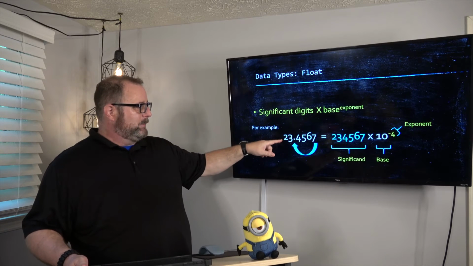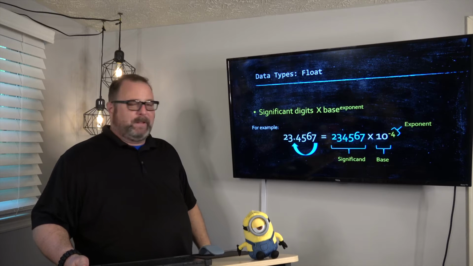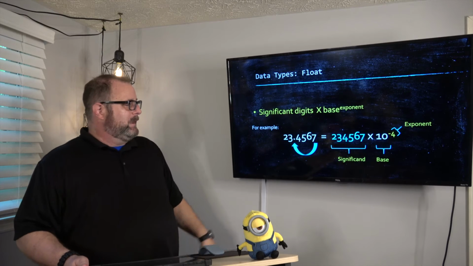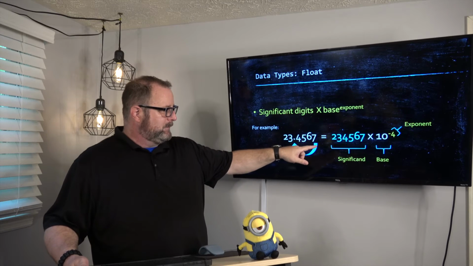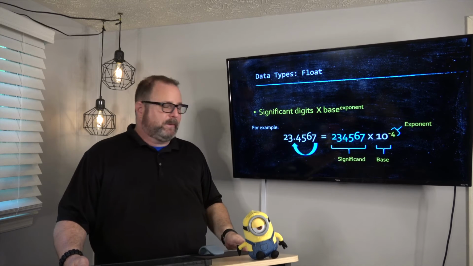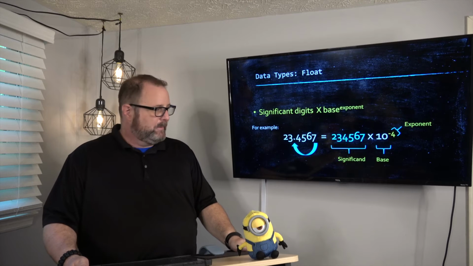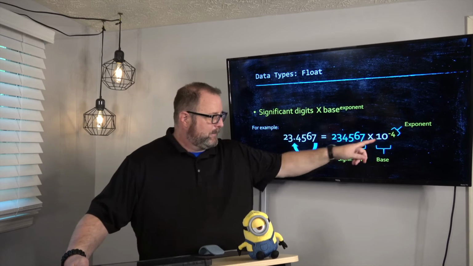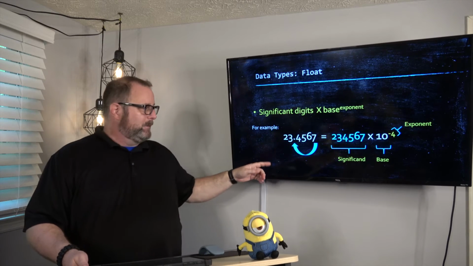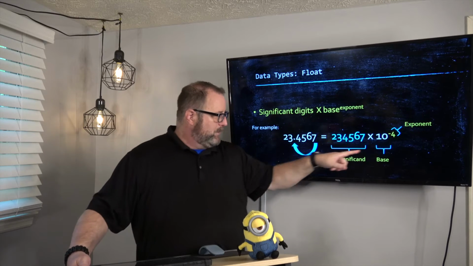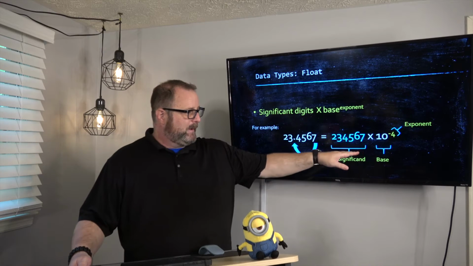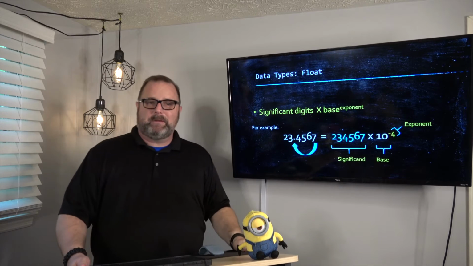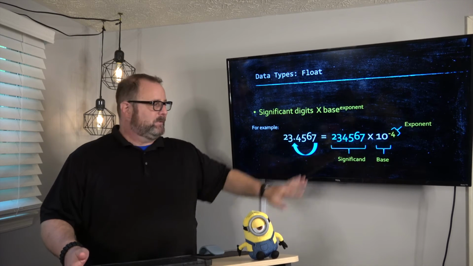So if I'm going to do 23.456, that's the number I want to store. I'm going to find all the significant digits, which is 2, 3, 4, 5, 6. And that is going to be called the significand. Okay? Times 10, because I'm in base 10, it's a decimal number, to the minus third, which means I'm going to roll the decimal over here. And this is how I'm going to store it in memory.